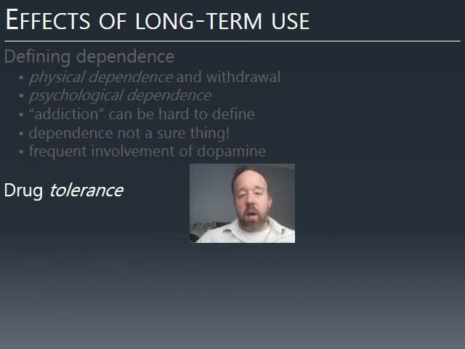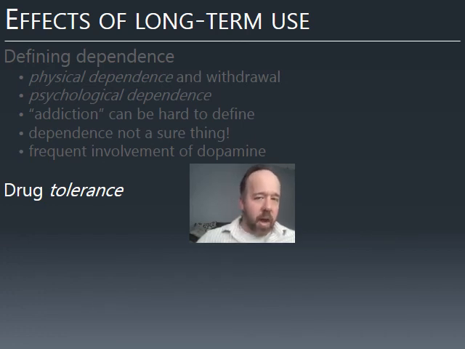So you need to have a larger amount to get the same psychological effect. And this can be dangerous because different actions of the drug may be associated with tolerance or not. So you may take a larger amount to get the psychological effect, but the effects on respiration or the heart may not have the same tolerance.